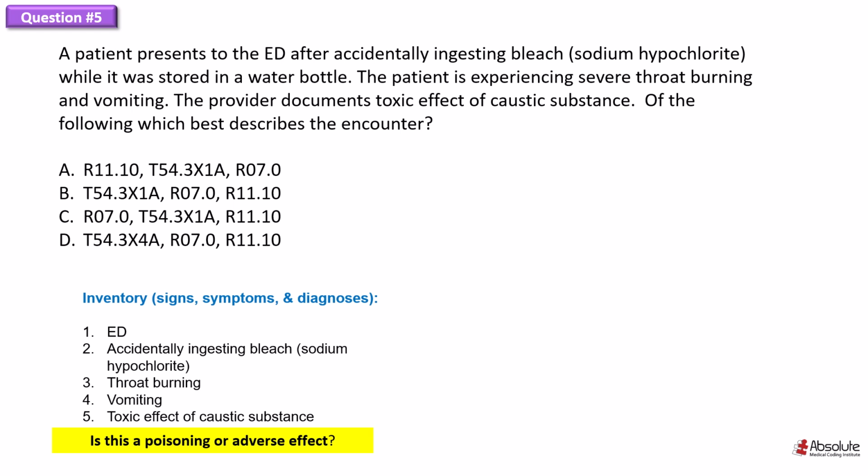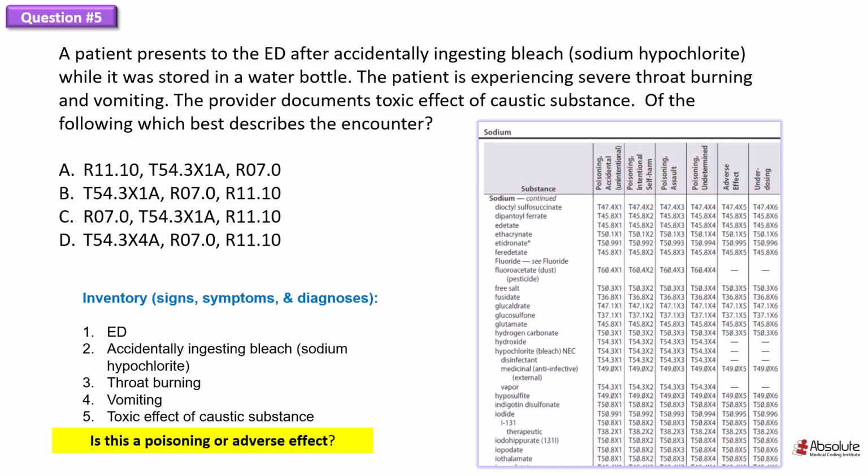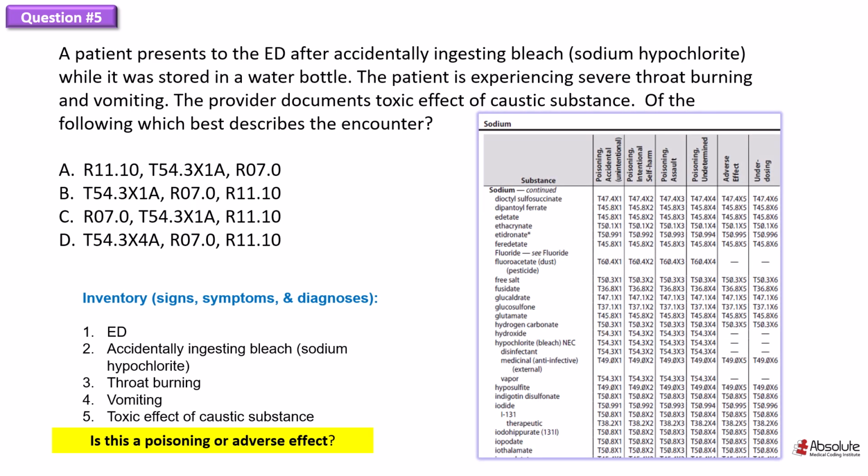This is how you'll be able to determine if it's a poisoning or adverse effect. The table of drugs and chemicals. Yes, this table of drugs and chemicals is found in the alphabetic index right after the neoplasms table. And the chart is classified according to chemicals in alphabetic order.